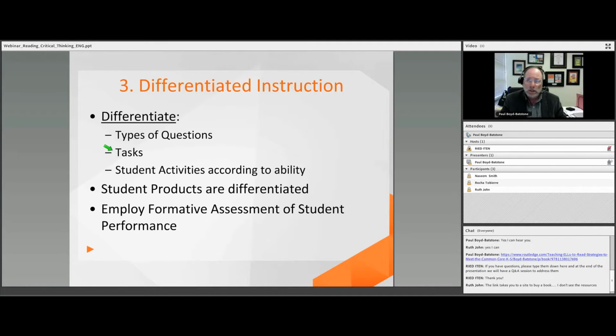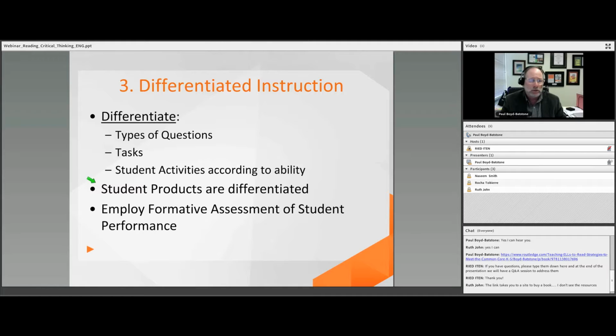A level 2 student I may ask to only write a couple of sentences about what they're doing. A level 3 student, I may ask them to write a full paragraph or a topic sentence with supporting sentences. I differentiate these tasks not to reduce the rigor of the task, but to meet the level of where the students are, to push them to the next level.